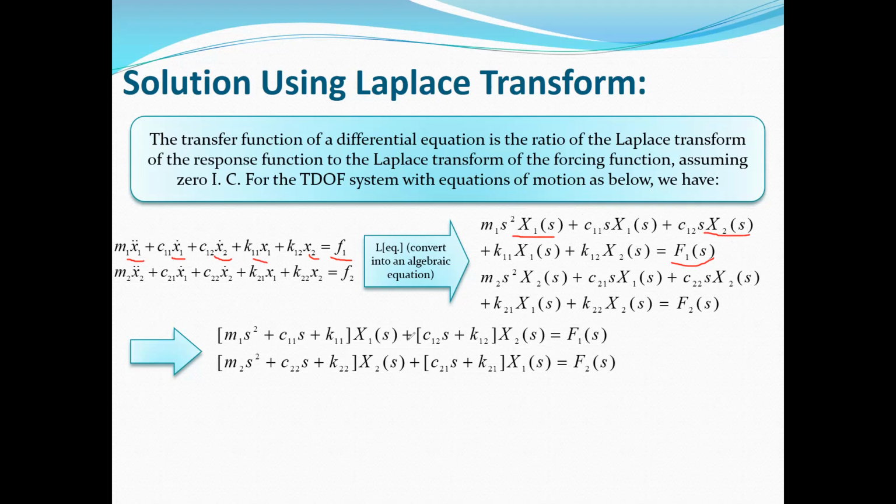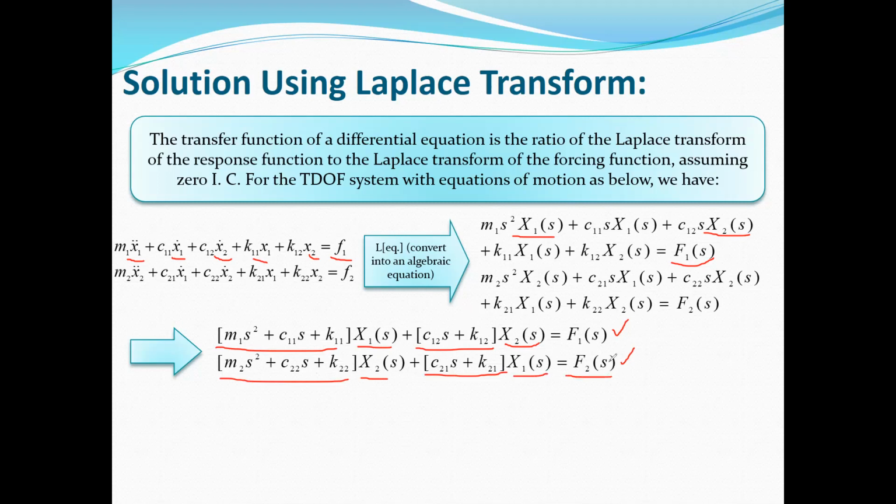You can solve these two algebraic equations easily by different methods. The first equation is a coefficient multiplied by X1 plus another coefficient multiplied by X2, equal to F1. The second equation is again a coefficient multiplied by X2 plus a coefficient multiplied by X1, equal to F2. We can solve this system.